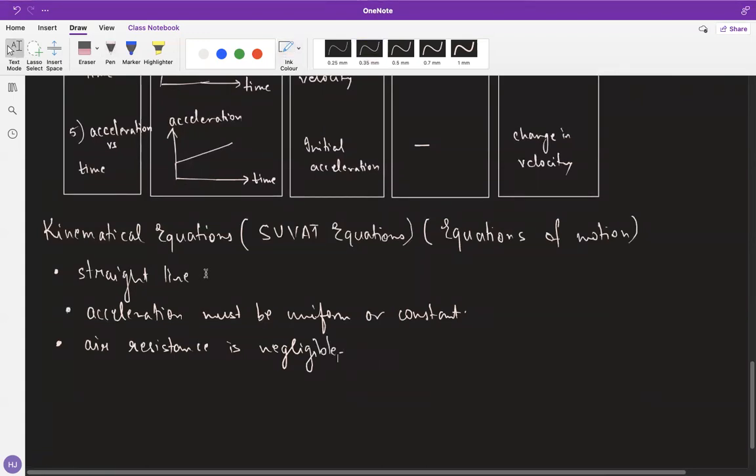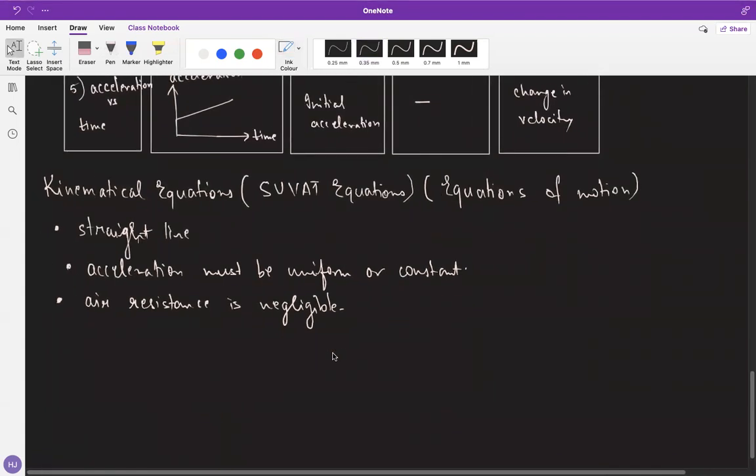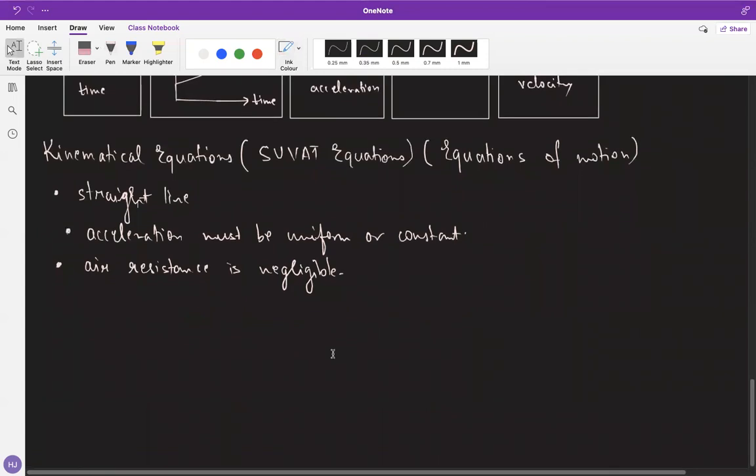That's a big assumption that we have to consider. Whereas in reality, we know that we cannot ignore air resistance, but the initial part of the discussion and concept is asking us to consider so.